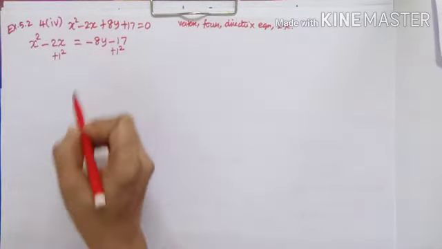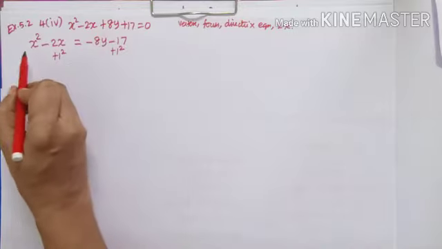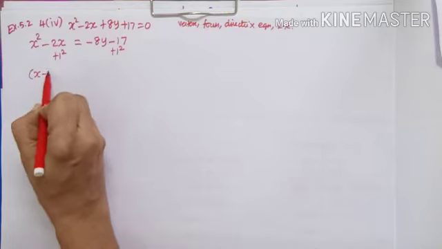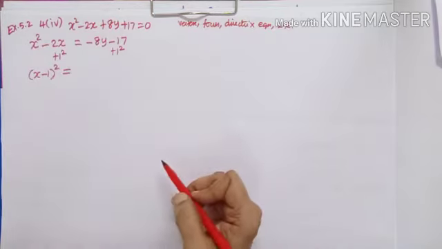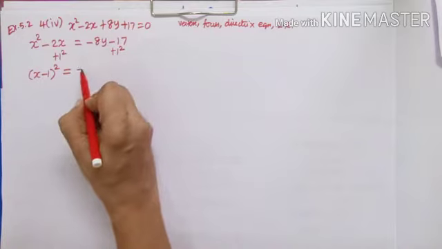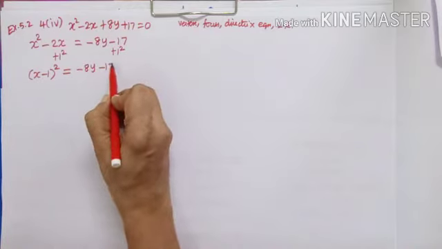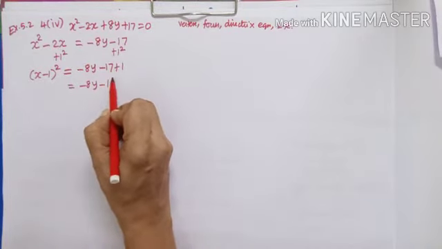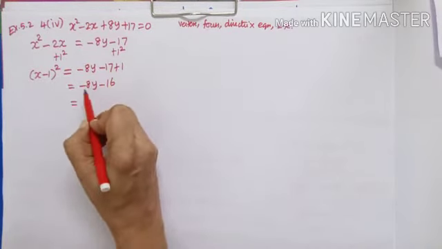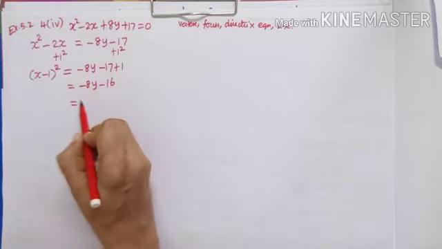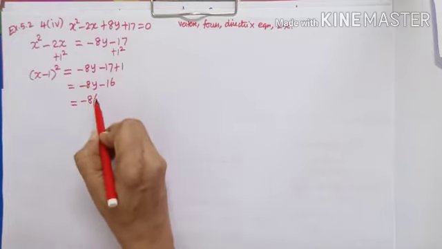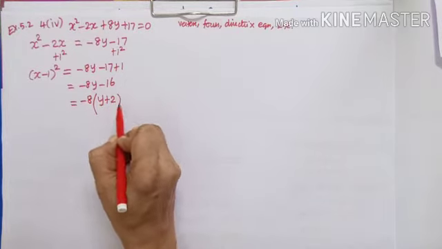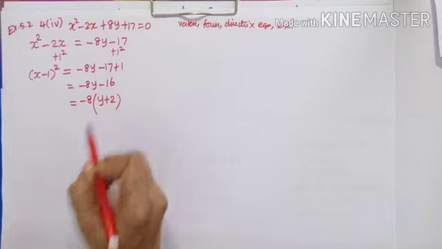Adding 1 square on both the sides, this becomes a square minus 2ab plus b square, which is x minus 1 the whole square, equals the other side, minus 8y minus 17 plus 1, that is minus 8y minus 16. Take whatever number is with y out. So minus 8. y minus 8, if I have taken, this will become plus 2. Minus 16 by minus 8 is plus 2.